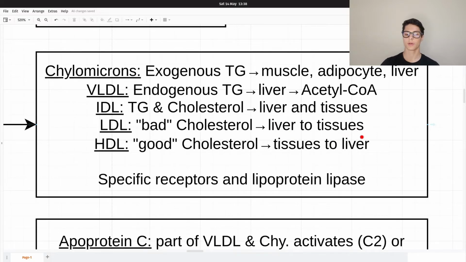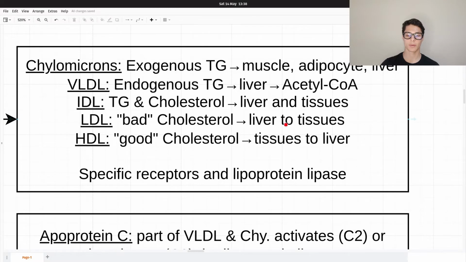So if, for example, I work out and I break my muscle, I will eventually have higher levels of LDL because my liver is going to help my muscle to recover, and it will send the bad cholesterol, which is not bad, to those tissues to get repaired.